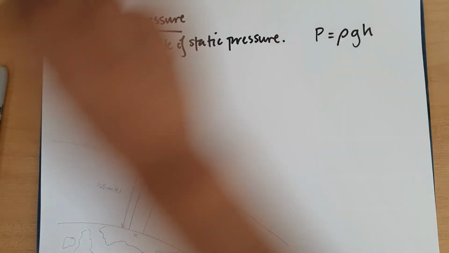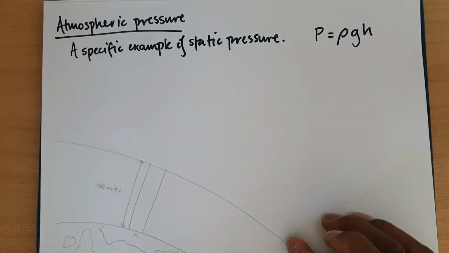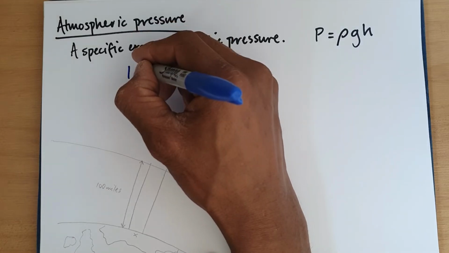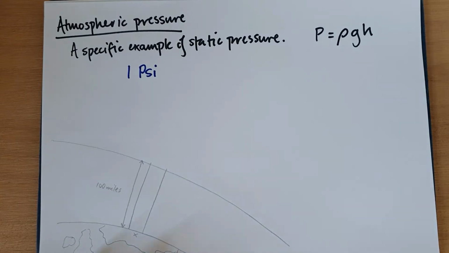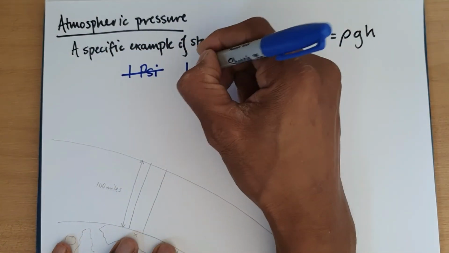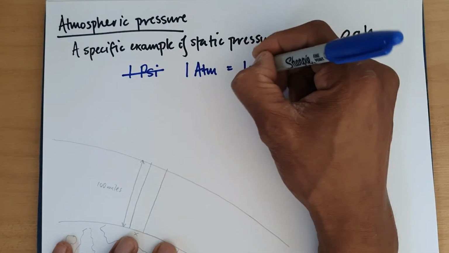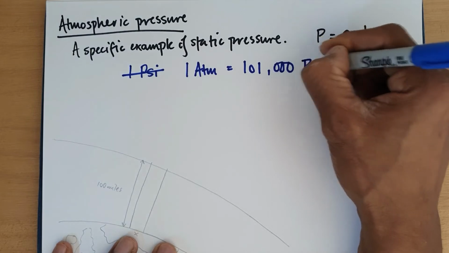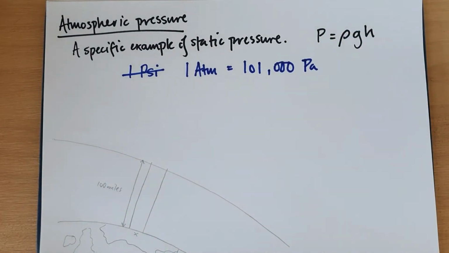And in fact, atmospheric pressure at the surface of the Earth, which is 1 atmosphere, is equal to about 101 kilopascals. So that's 101,000 pascals. So that's pretty large.